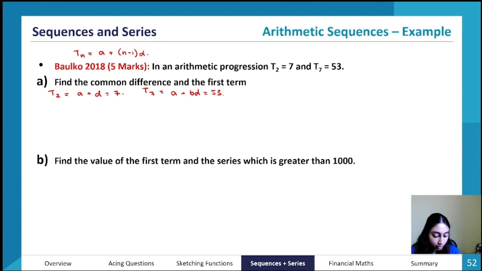So what I'm going to do, you can choose what you'd like to do with this. You're going to have to do simultaneous equations. I'm going to define A. You can pick, won't make a difference. So A is equal to 7 minus D. Okay?